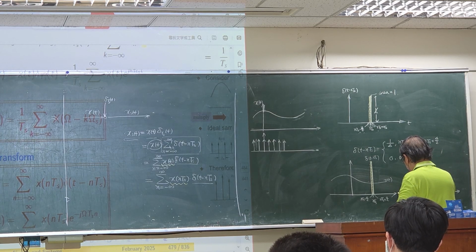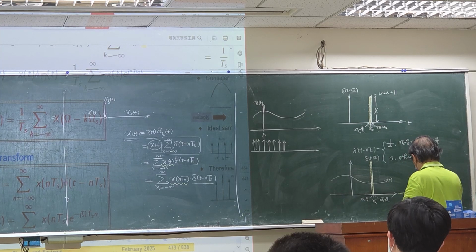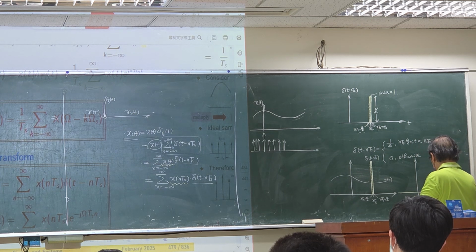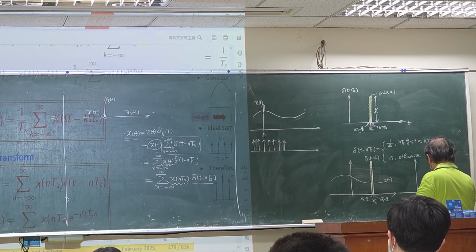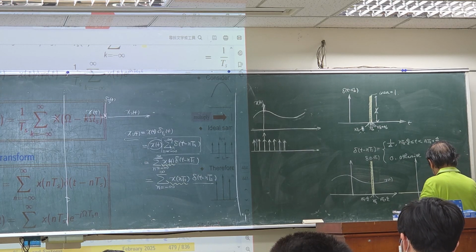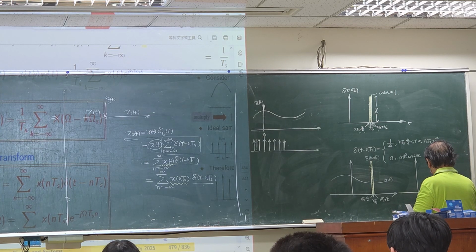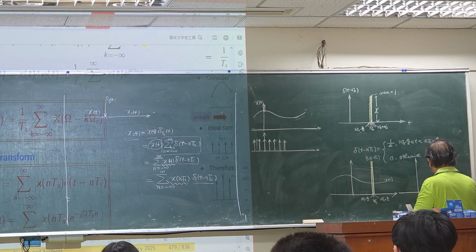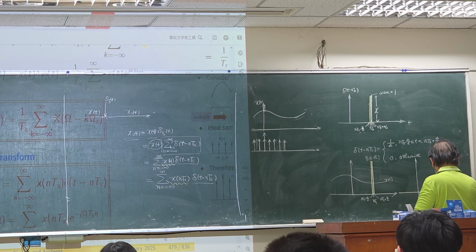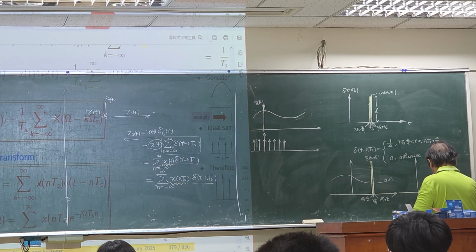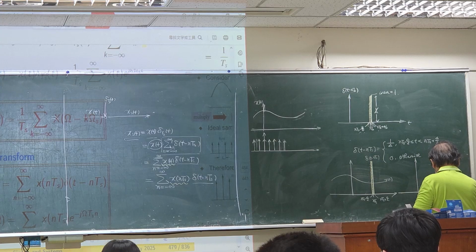Okay, this is 0, and then up to nTs minus 1/2 delta, and this is nTs plus 1/2 delta.